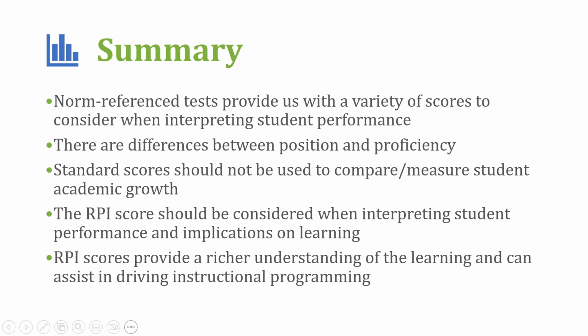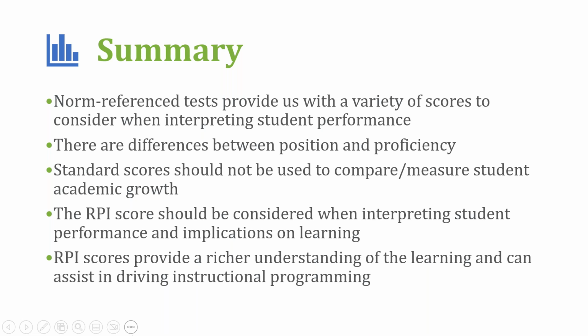We also know that there's a difference between position and proficiency. So when we're talking about position, we're talking about those standard scores. Those standard scores are based off of students' performance in that normative sample. They're not describing proficiency. That proficiency piece is described through the RPI score.